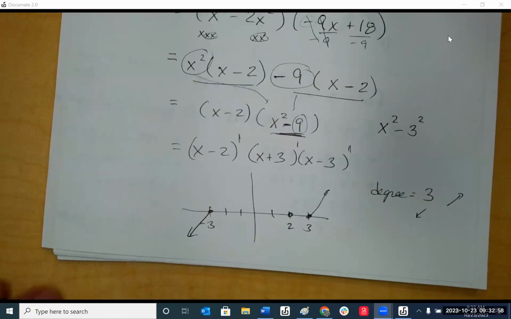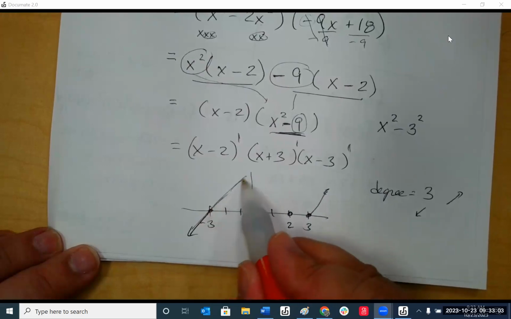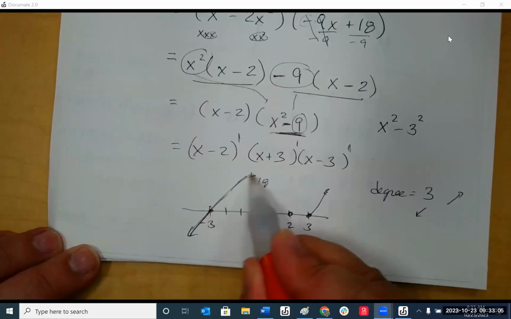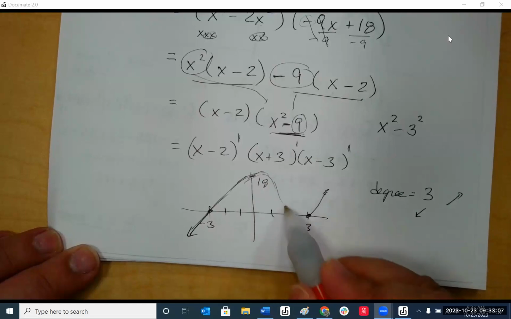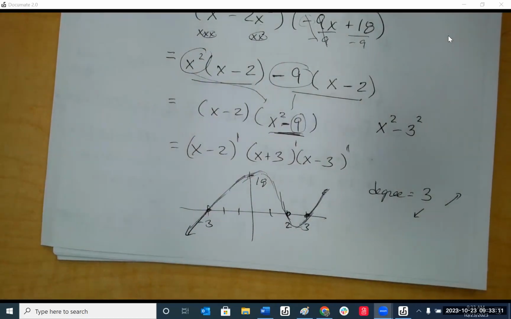They cross. So this one crosses also at positive 18, which is the y-intercept. So there's our graph. Of course we'd get better numbers, but that's what the sketch is going to look like.